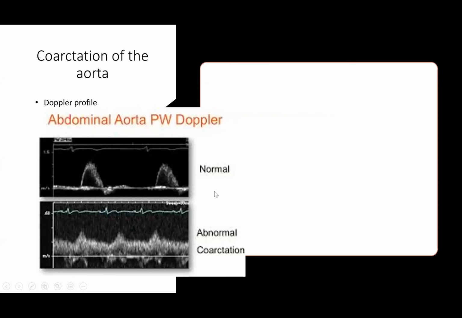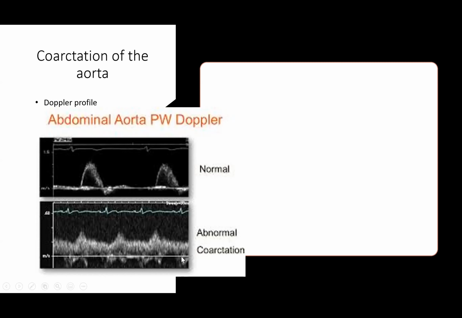The normal abdominal pulse wave Doppler has a systolic flow, and then there should be no flow in diastole. But in coarctation, there's still continuous flow down the aorta in diastole. The peak decreases, and then it continues during diastole. This is abnormal. That's indicative of coarctation of the aorta.